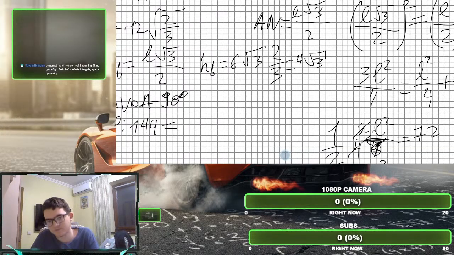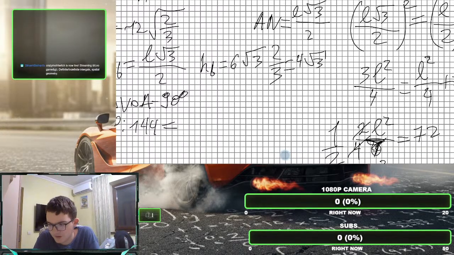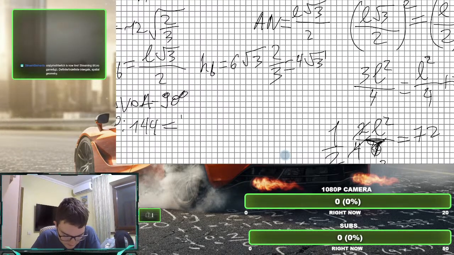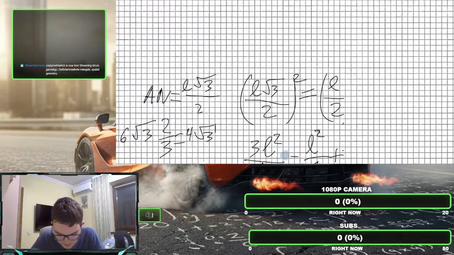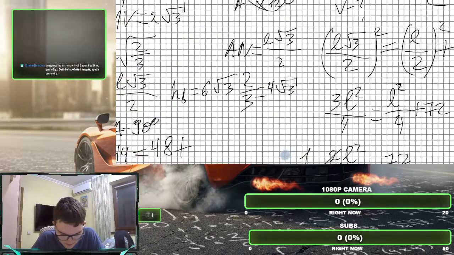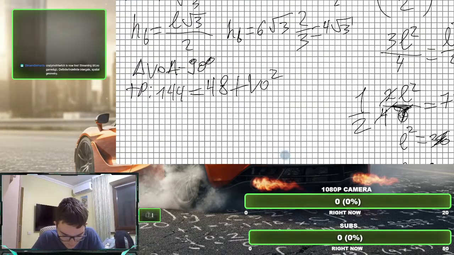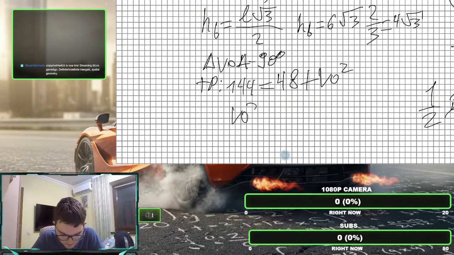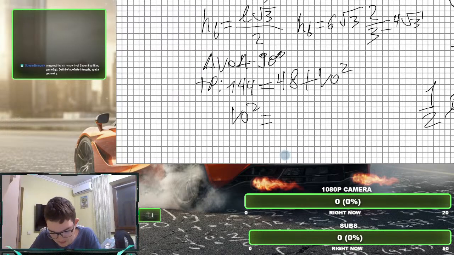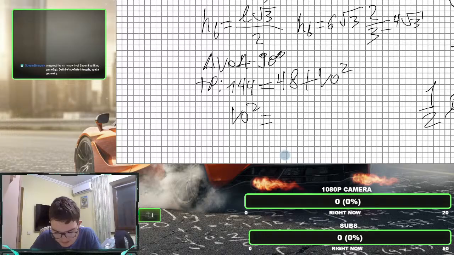How much is 16 times 3? That's 48. 48 plus the height, which is VO to the second power. Okay, VO to the second power, that's just 96.